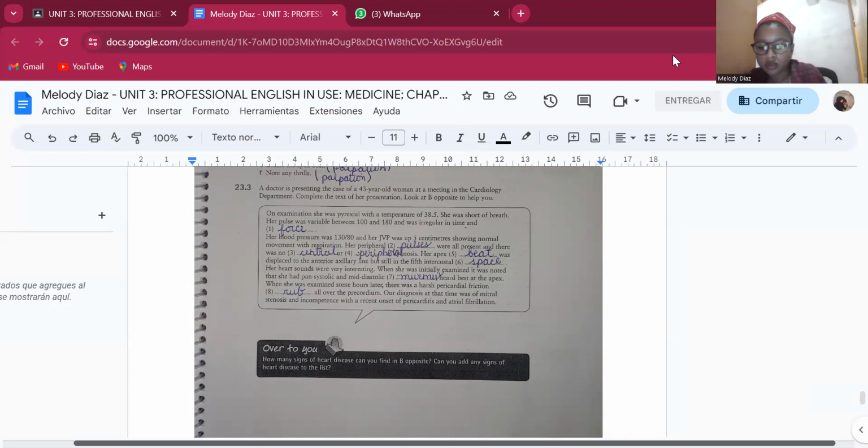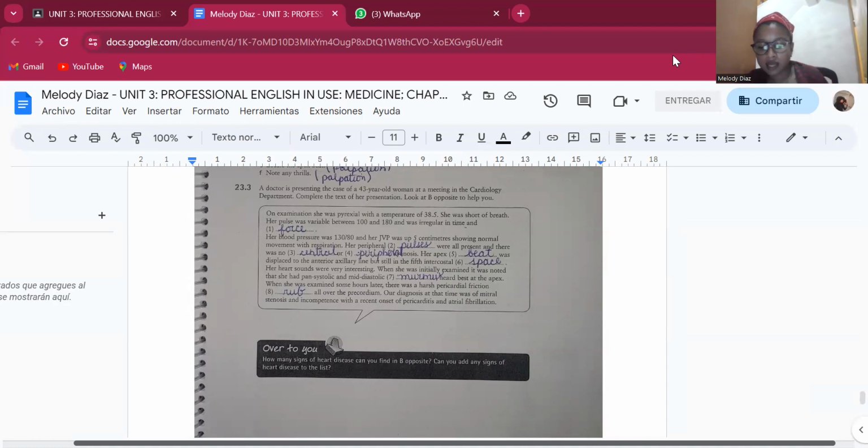Her heart sounds were very interesting. When she was initially examined, it was noted that there were systolic and mid-diastolic murmurs heard best at the apex.